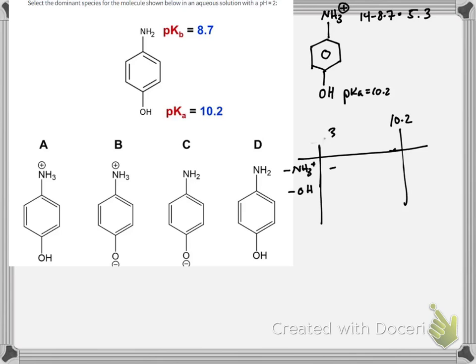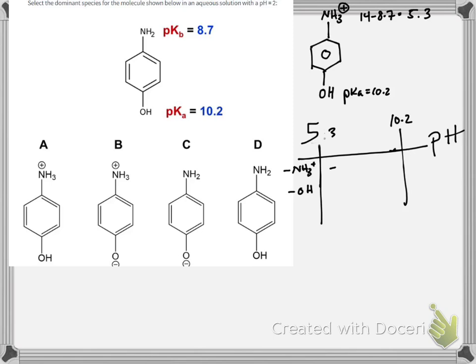So 5.3, and remember this is the pH scale here. Once the pH is below 5.3, then we're in both acid forms.